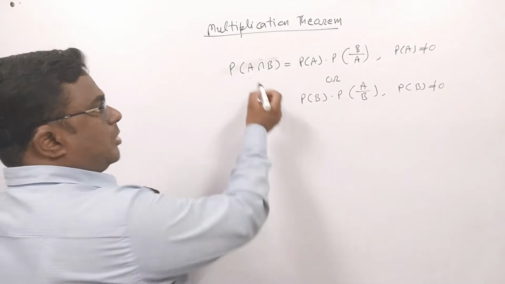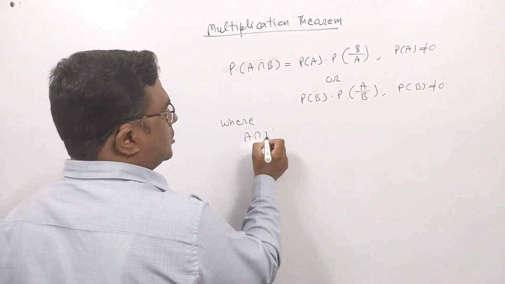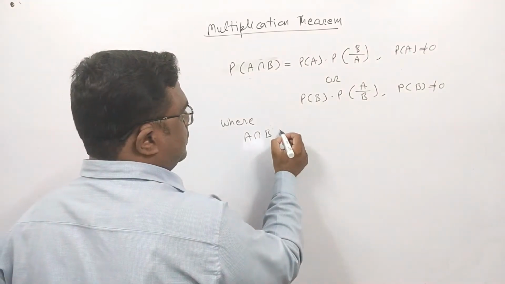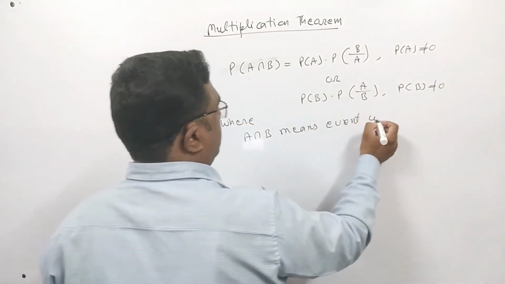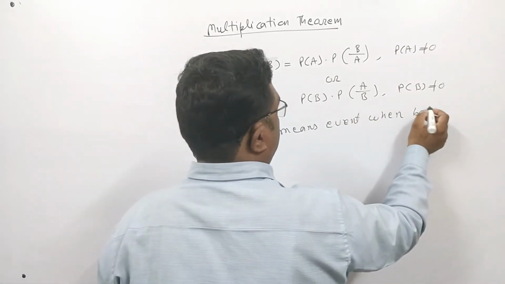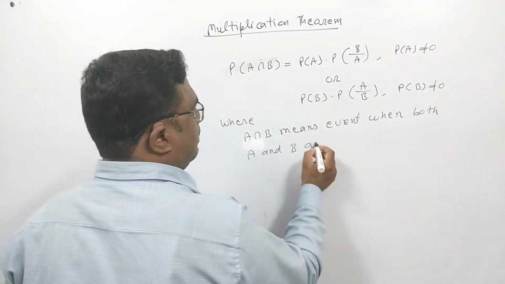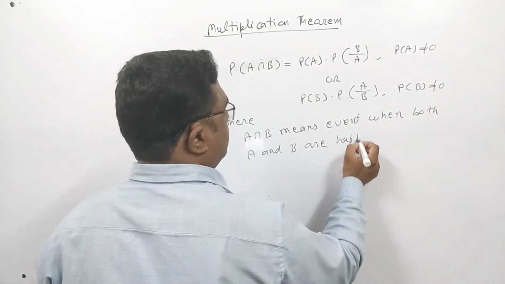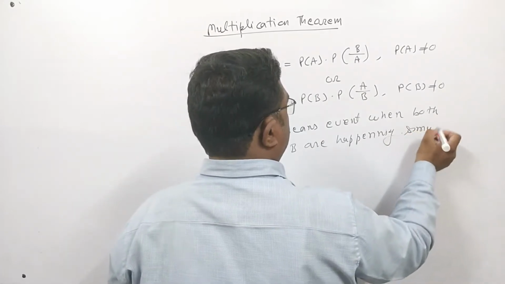Now let me tell you what is the meaning of A intersection B. Where A intersection B means the event when both A and B are happening simultaneously.